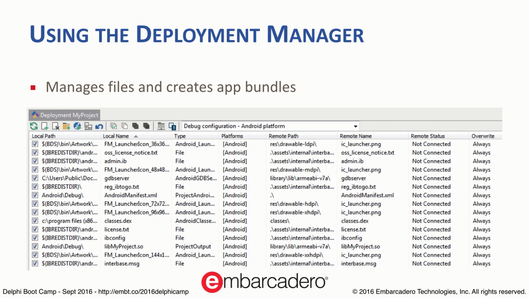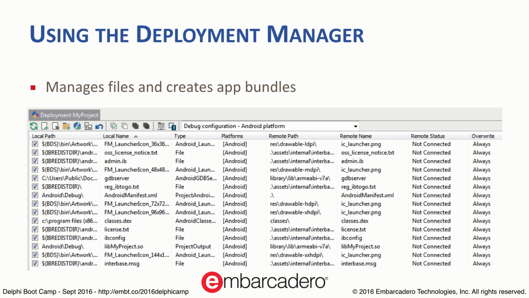So for example, you see here we have launcher icons and stuff like that, and it specifies where they go on the remote path. So for example, let's say you wanted to add in a database into your app or add in some additional data files. You would add those through the deployment manager to make sure they're in the right path. And once they're in the right path, then when you deploy it onto iOS or on Android, it pushes that through with it, and then you can access it from your app.